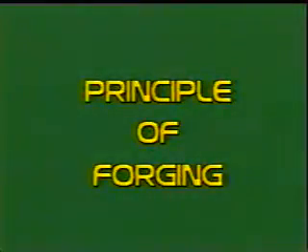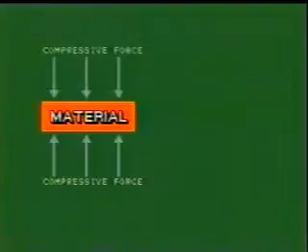Now let us understand the principles underlying these processes and how they work. To start with, we will deal with the principle of forging. In the forging process, material having some malleability is worked on by compressive forces.